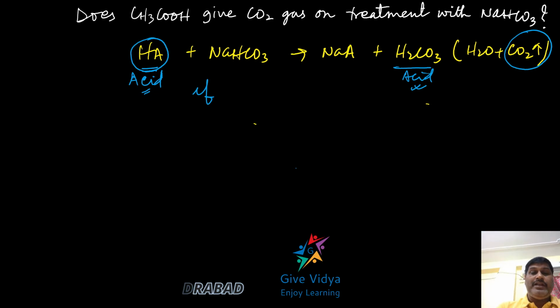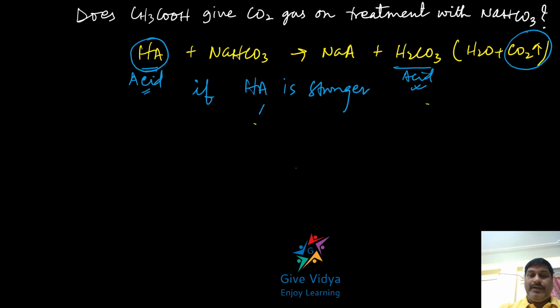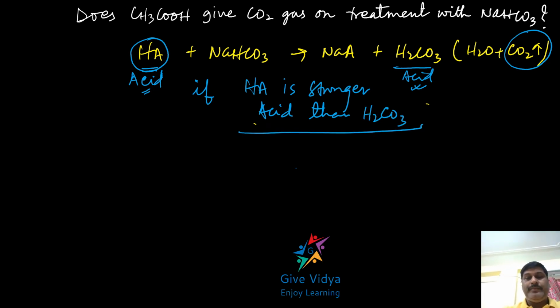So I write clearly here: if HA is a stronger acid than H2CO3, then CO2 gas is released.